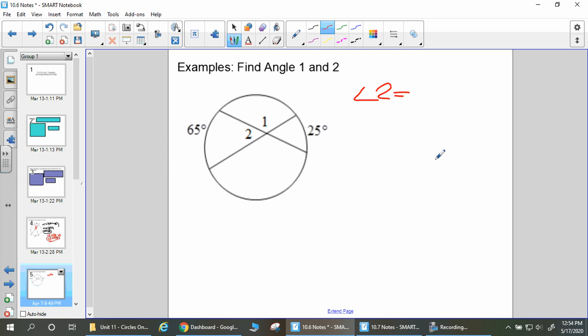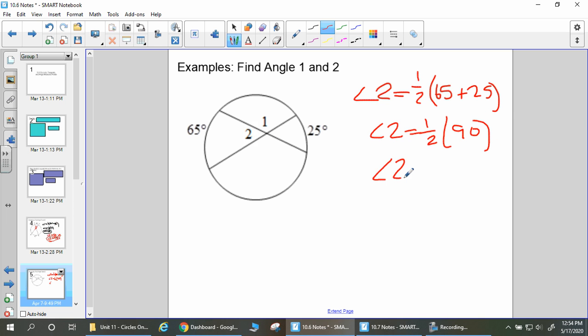Nothing says you have to start with angle 1 just because numerically it comes first. So angle 2 is 1/2 the 65 plus the 25. 65 and 25 make 90, and half of 90 is 45.